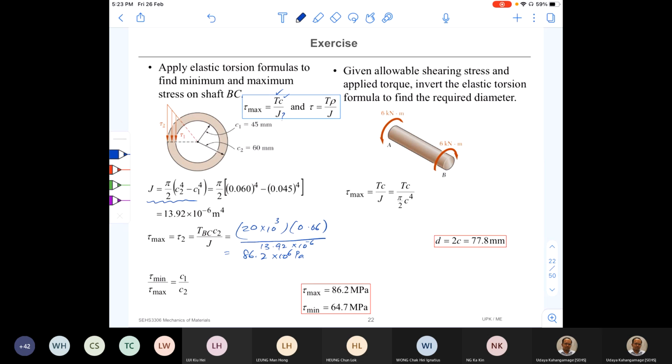Next, I need to find the minimum shear stress, which is going to happen on the inner surface. Again, you just draw the triangle here, similar triangles. By considering the similar triangles, you should be able to find that value.